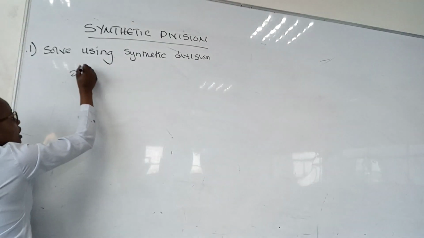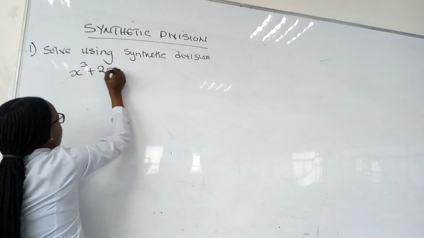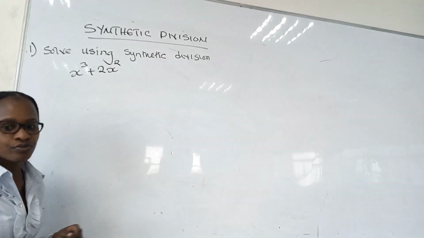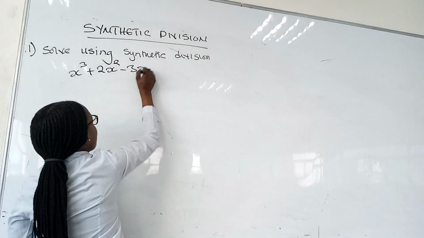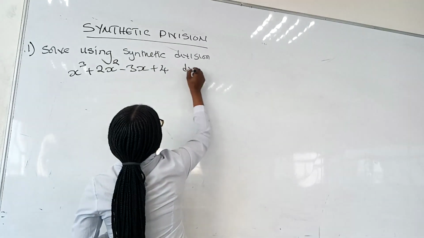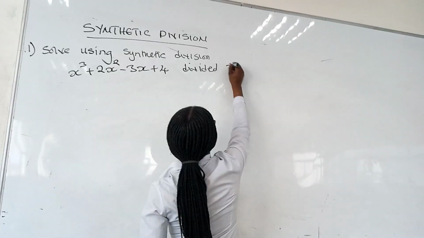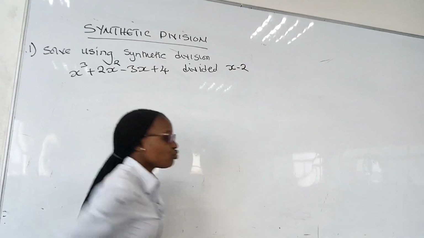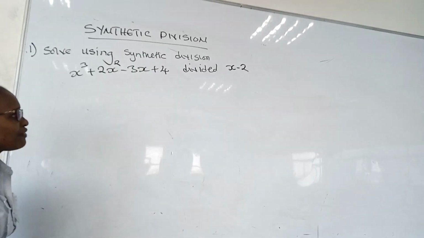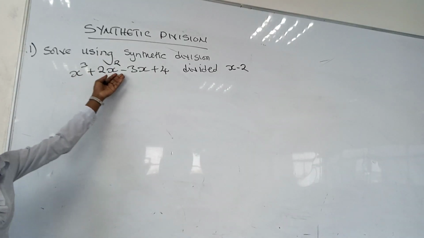So solve using synthetic division: x to the power 3 plus 2x to the power 2 minus 3x plus 4, divided by x minus 2. Okay, so that is what we've been given, guys.